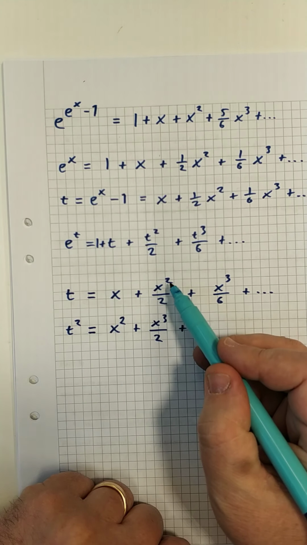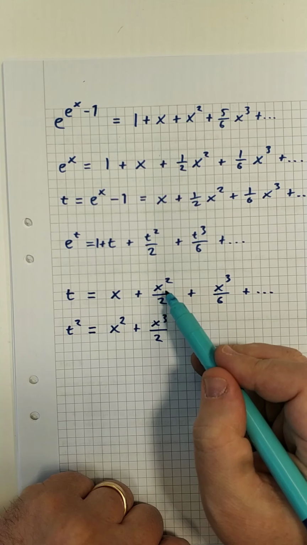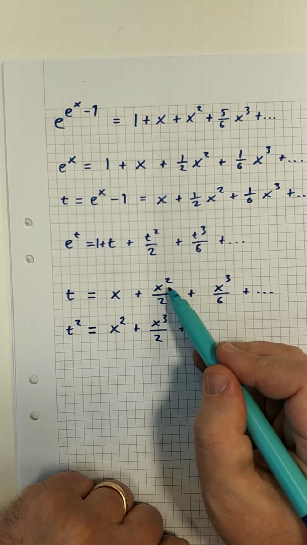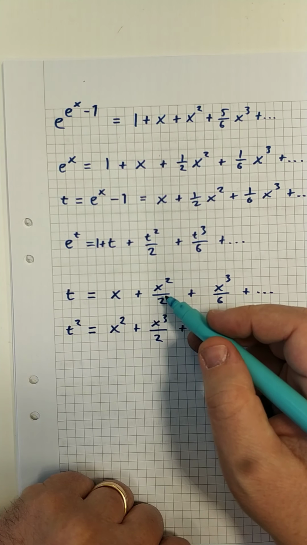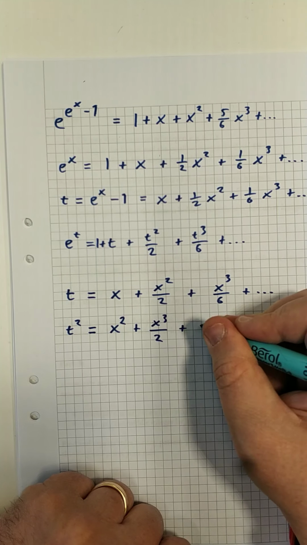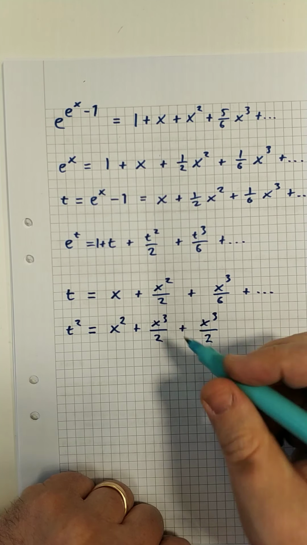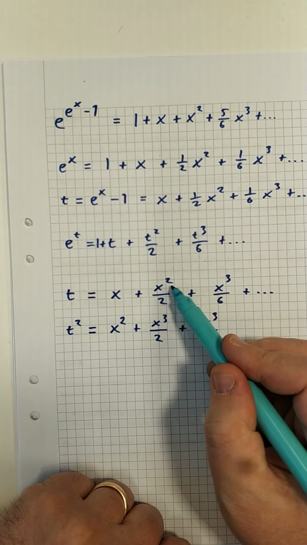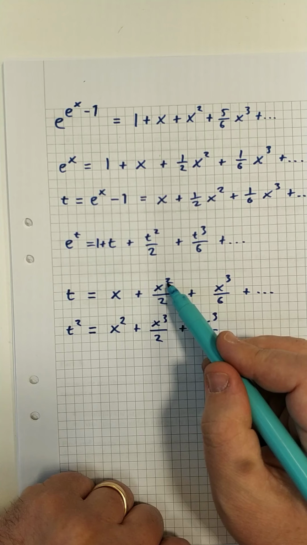Next I need to take this term times every term, so 1/2 x squared times x is going to be 1/2 x cubed. This term times itself will be an x to the 4 term, and I'll ignore that.